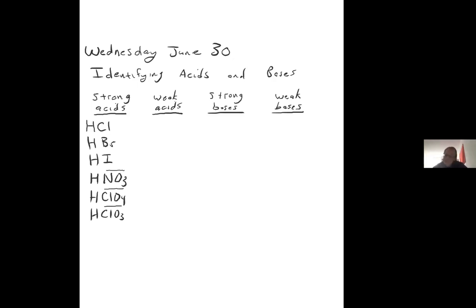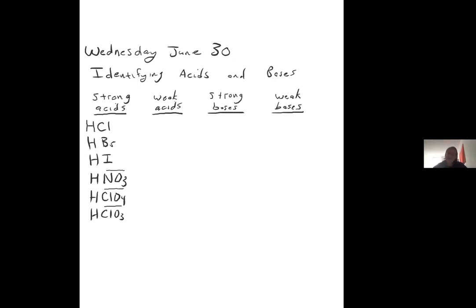You're not likely to run into those in your everyday life. But nitric acid is a very common reactant, as is HCl. Now, HCl is really the acid that's active in your stomach. Your stomach is generally very acidic, and that acidity is to a large extent because it has HCl dissolved in it. It's a pretty strong acid. Okay, so those are strong acids.